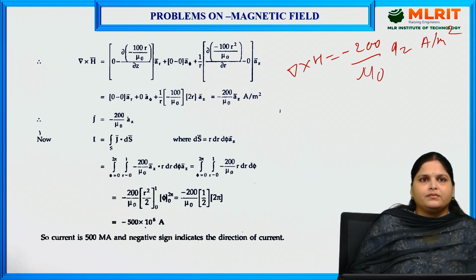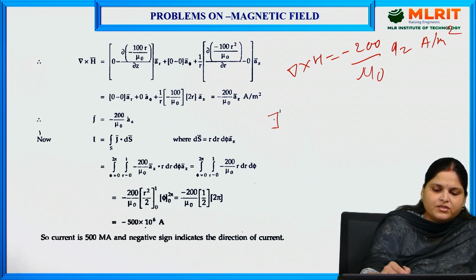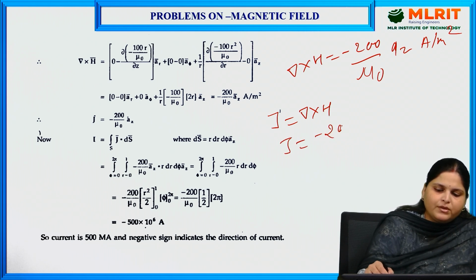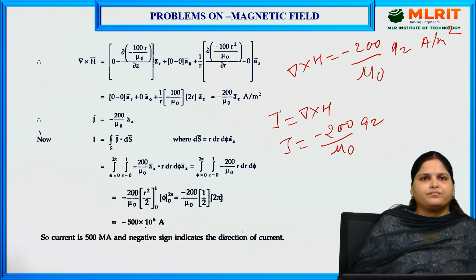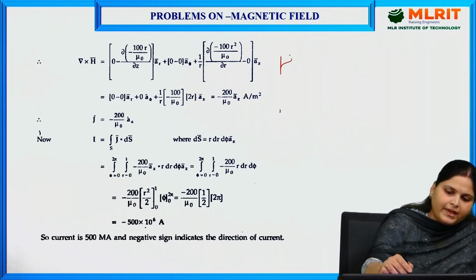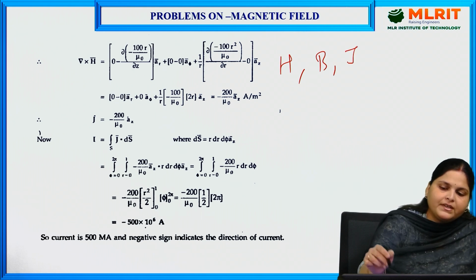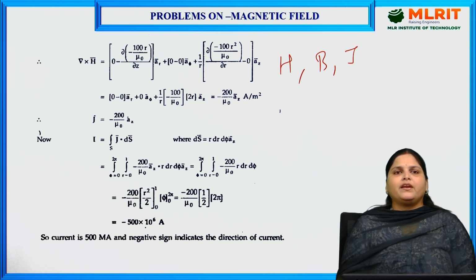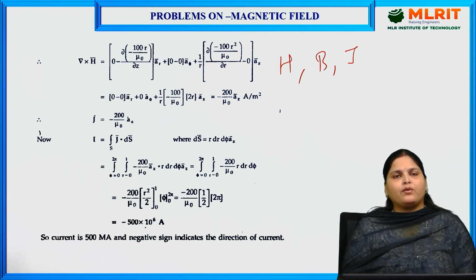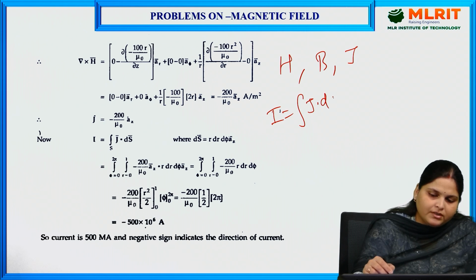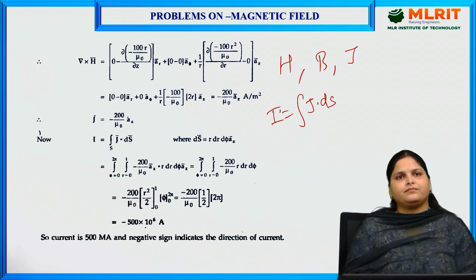And as we know that J is equal to del cross H, so J is nothing but 200 upon mu naught az. Now we have calculated H, B, and J also. Now by using the relation between J and I, we can calculate I also, where I is equal to the integration of J dot ds.